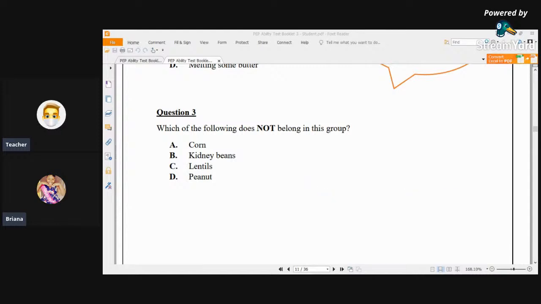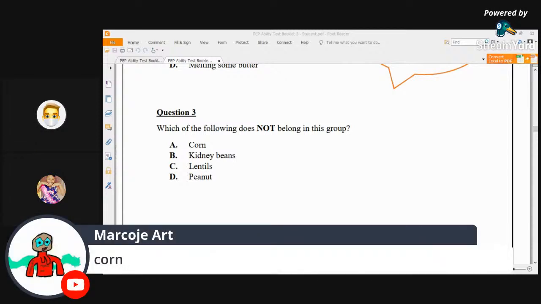Let's get some. I'm seeing here Marco J saying corn. Hold on. Let's go with Sterling. I saw Sterling with an answer just now. Chat is moving so fast. Let's go up and see if we can catch it.